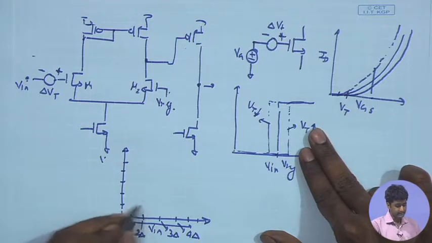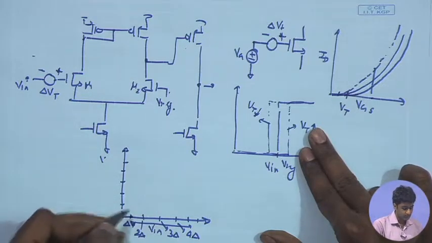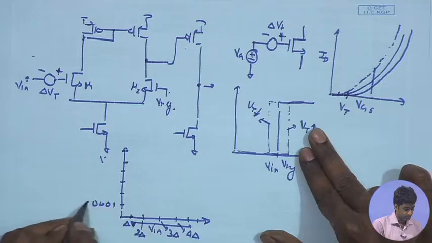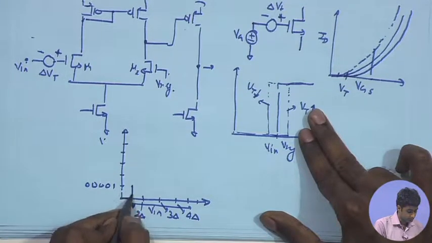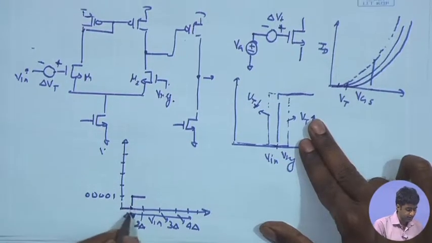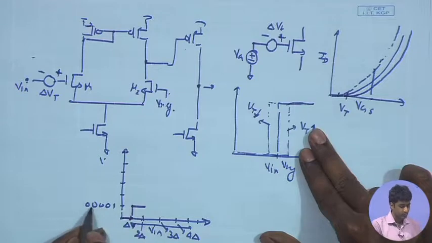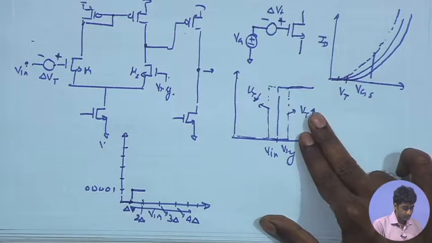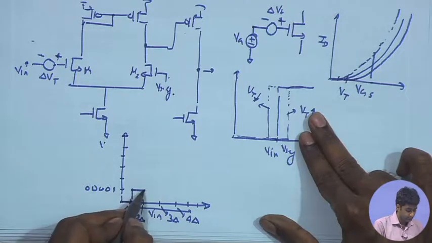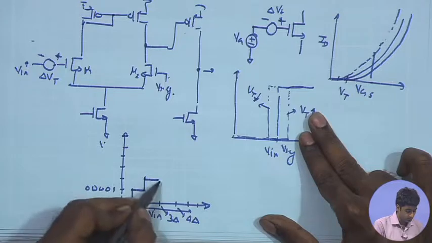So, if my signal is greater than delta, then I am having the word something like 001. If my signal level is higher than delta, for this entire range, signal lying between delta and 2 delta, the output is 00001. This is the binary output that I am depicting. If my signal level is between delta and 3 delta, my digital word is over here.